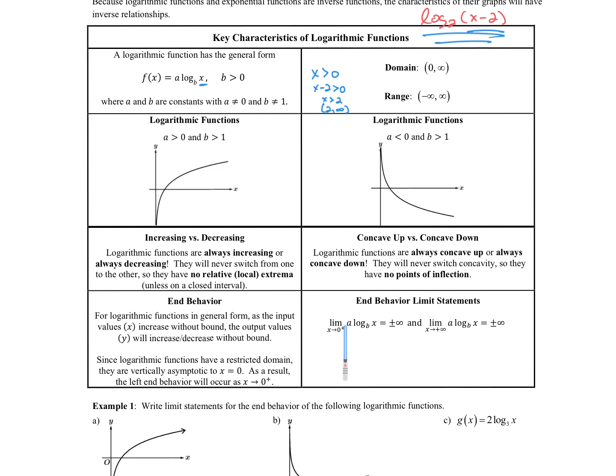So our end behavior is not just going from negative infinity to infinity, but it actually approaches 0 from the right. If you look at this graph, does it actually go to negative infinity? No, because we can't actually evaluate a log of a negative. Let's freestyle one. If we have log base 2 of negative 2, how would I solve a log?